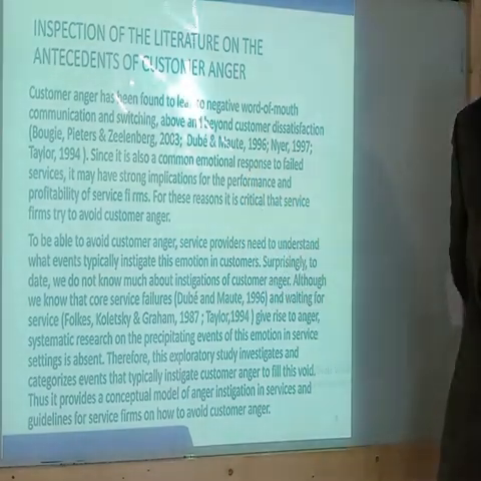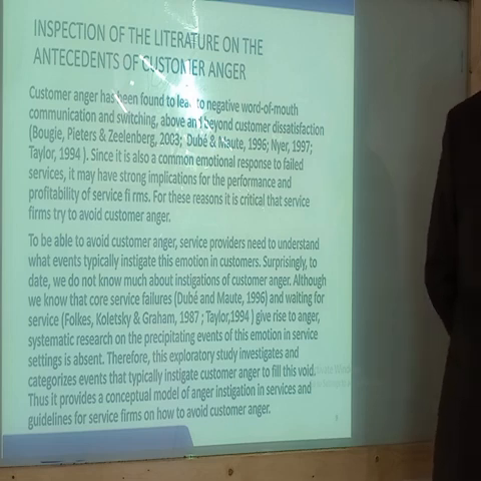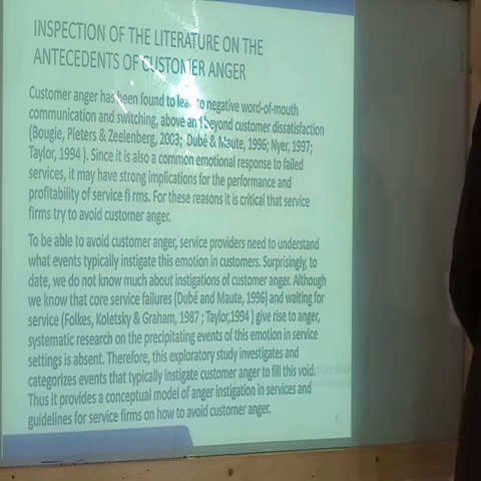To be able to avoid customer anger, service providers need to understand what events typically instigate this emotion in customers. Surprisingly, to date, we do not know much about instigations of customers' anger.